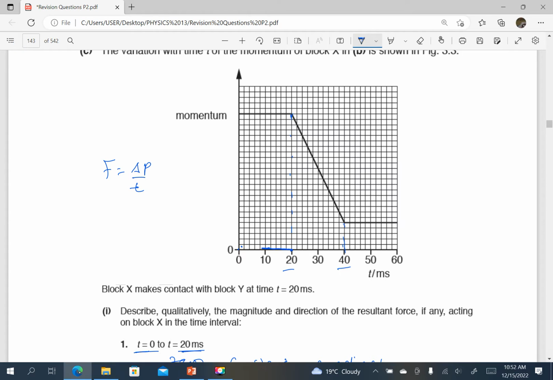So in the first 20 milliseconds, that's what we have as the momentum for block Y. When the momentum of block X starts decreasing, the momentum of block Y should start increasing so that the total momentum becomes the same.